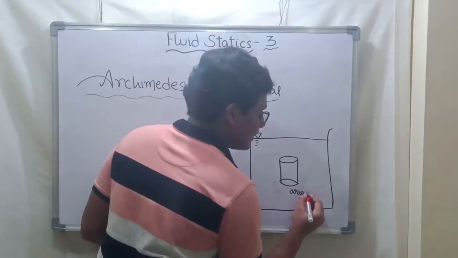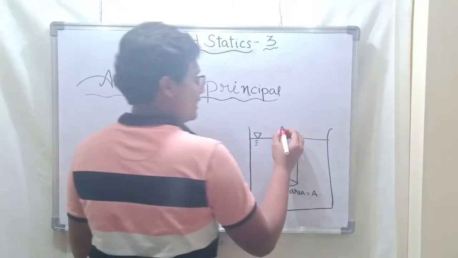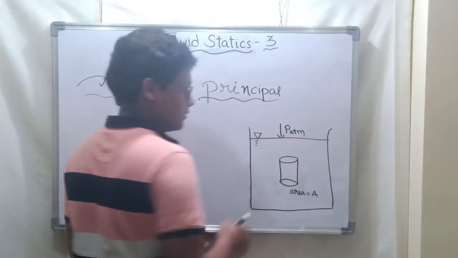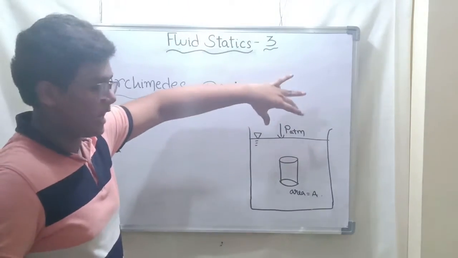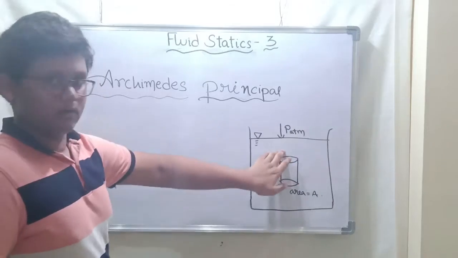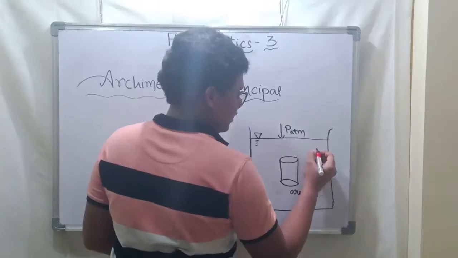This area we will take as A. PATM is acting downwards. Atmosphere is acting some pressure on this water, liquid, fluid, and this fluid is of density rho.